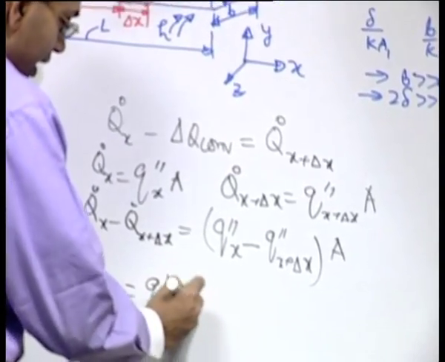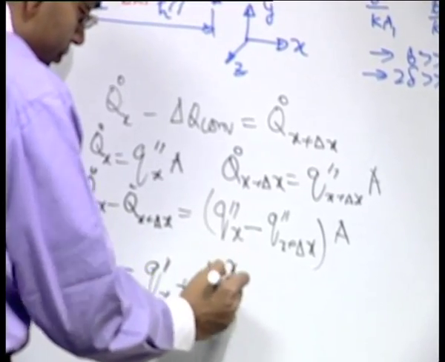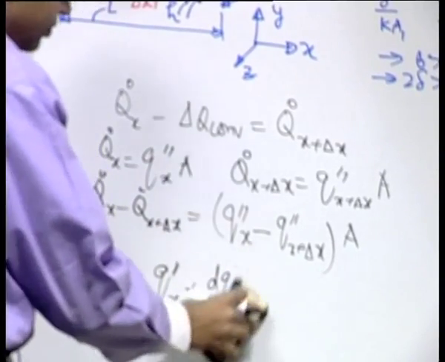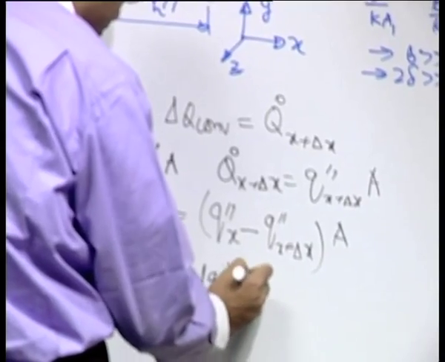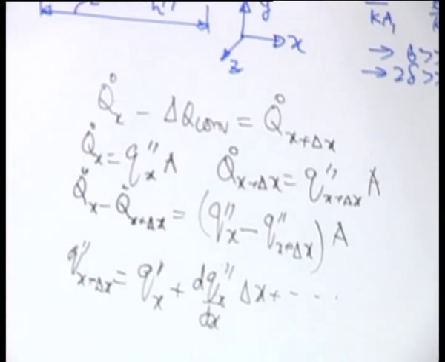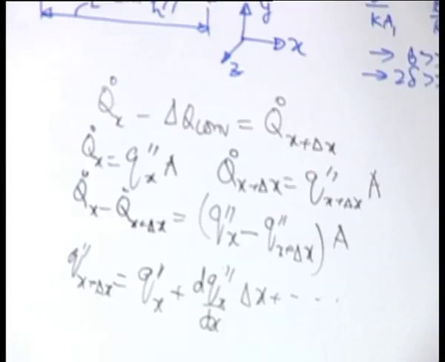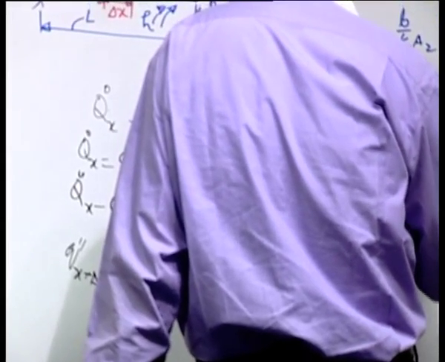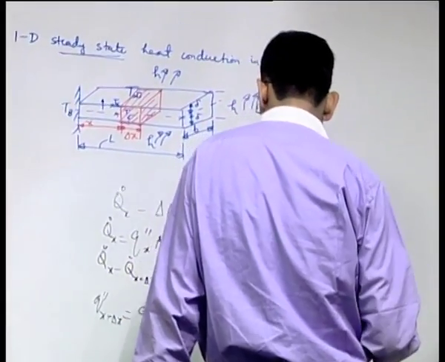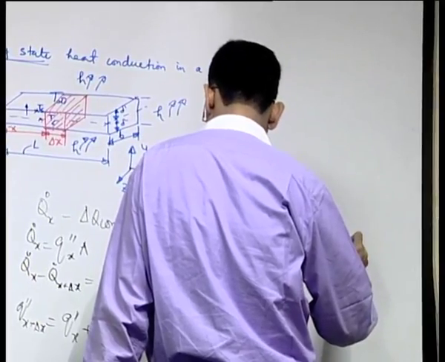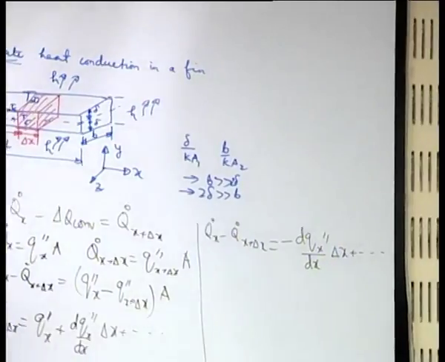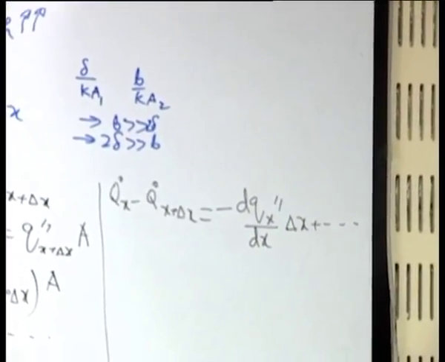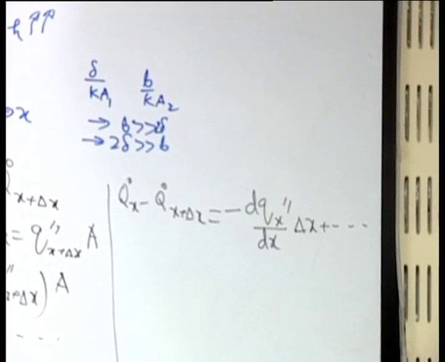So, we can write this as heat flux at x plus this one using the Taylor series expansion, which means that Q dot x minus Q dot x plus delta x is equal to this, in this way, times the area.